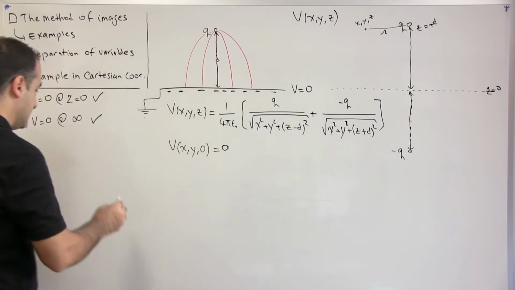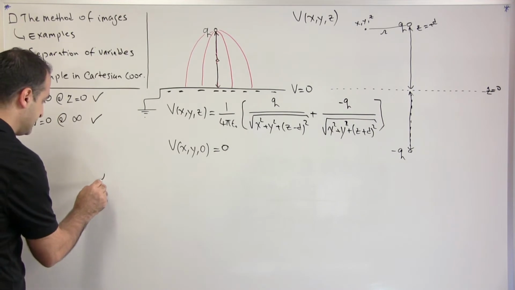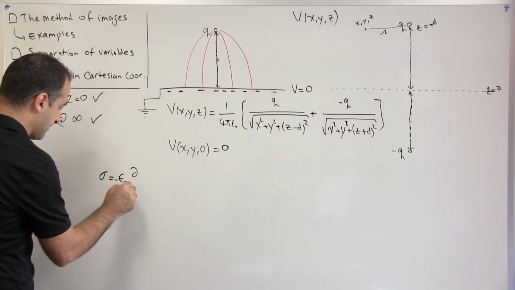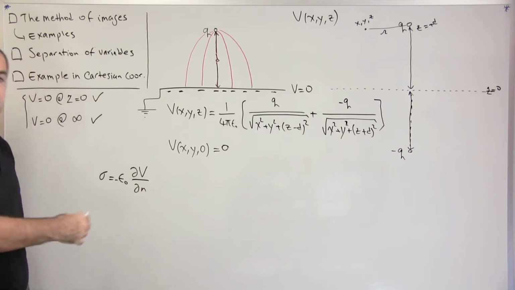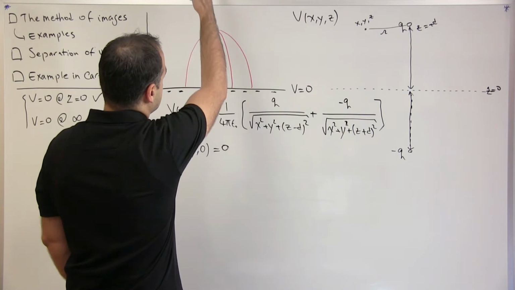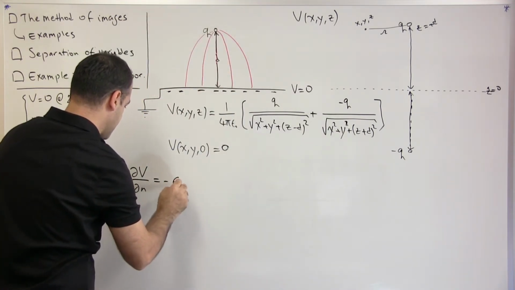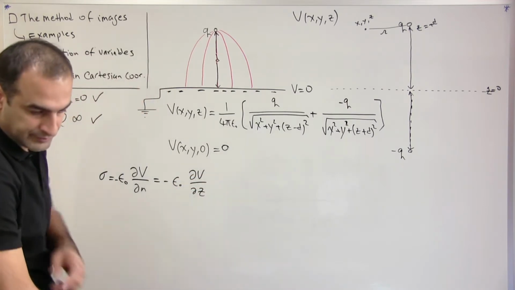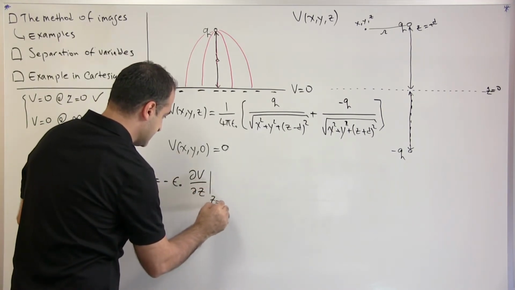To find that, if you remember, we had the equation that sigma on the surface of the conductor is negative epsilon 0 dV over dn, the derivative in the normal direction to the surface. With the setting that we have, the z direction is normal to the surface, so we can say sigma is negative epsilon 0 dV/dz, and this needs to be calculated at z equals 0.